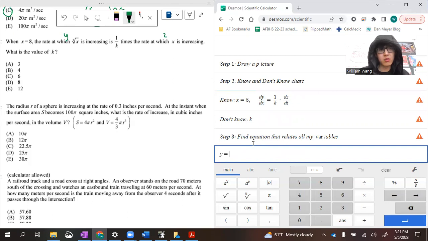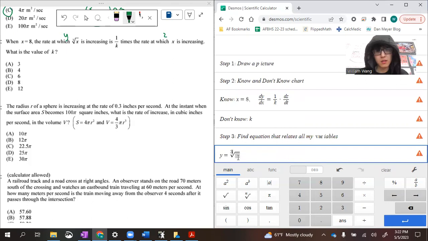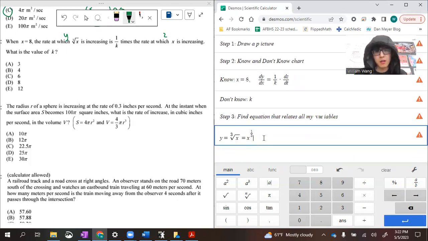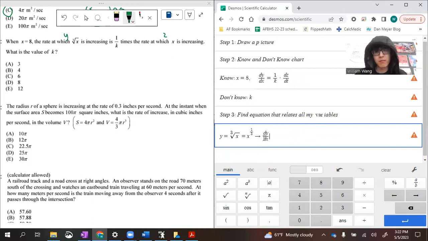If y is equal to the cube root of x, that is the same as x to the 1/3. That means I can find my dy over dx. That's simply my derivative, so it's 1/3 x to the negative 2/3. I just did a power rule.